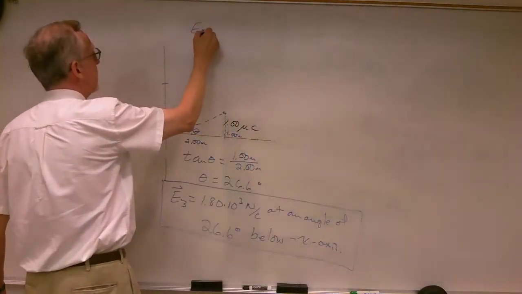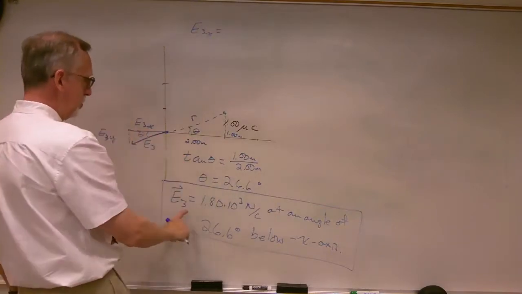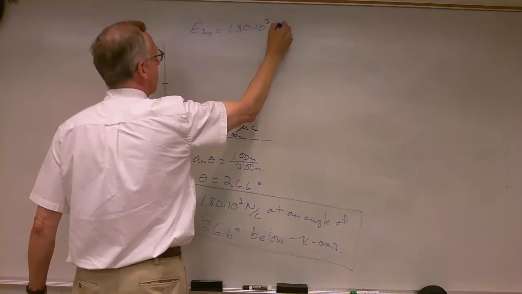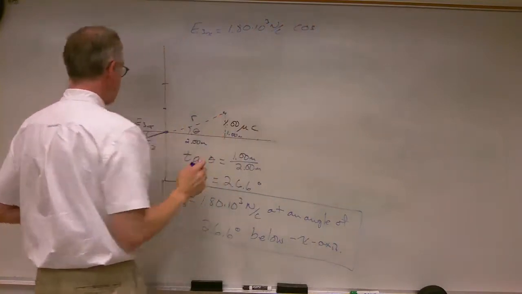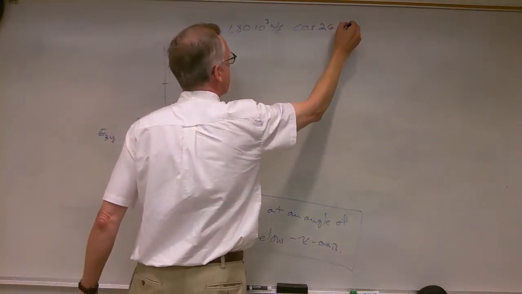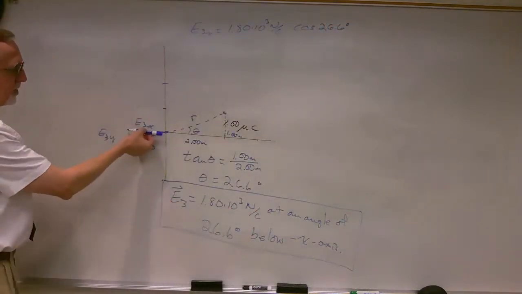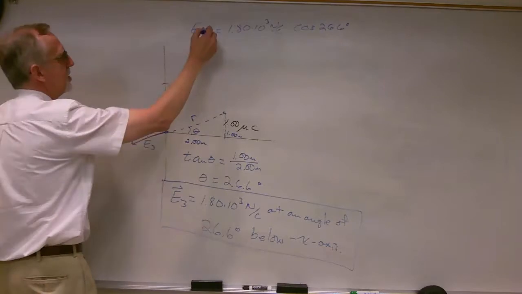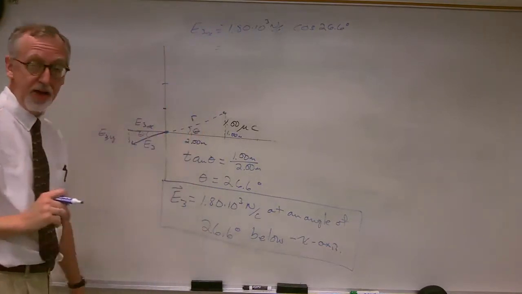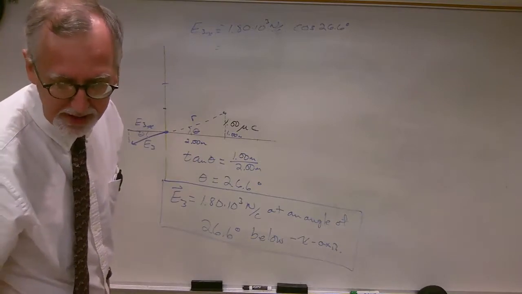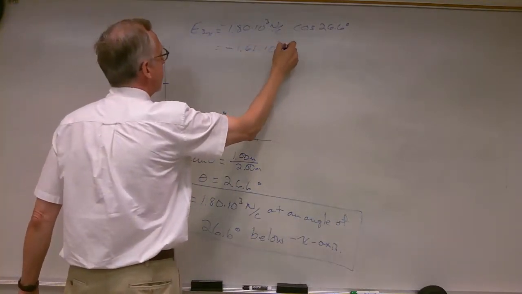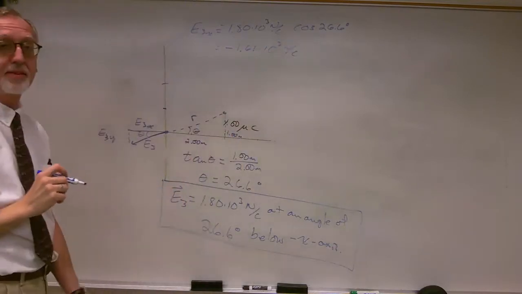We've got E3x is equal to the magnitude 1.80 times 10 to the third newtons per coulomb, cosine 26.6 degrees. But wait a second, this is pointing in the negative x direction, so we need a negative sign there. This gives us a value of negative 1.61 times 10 to the third newtons per coulomb, and there's our x component.